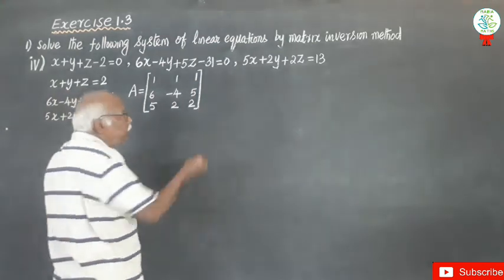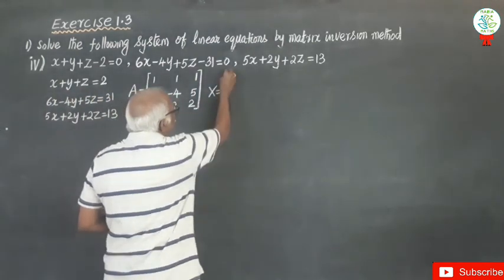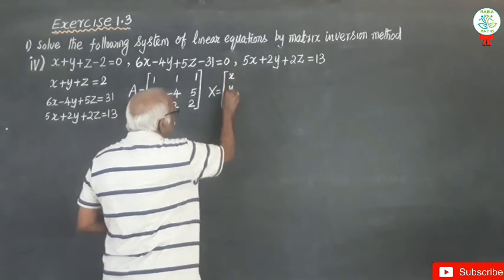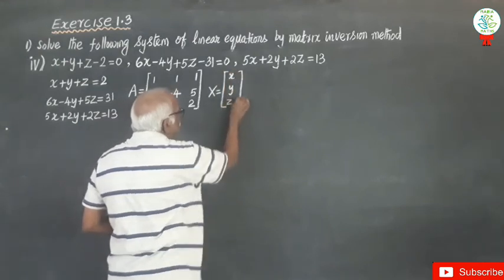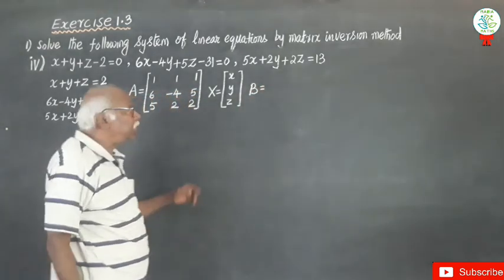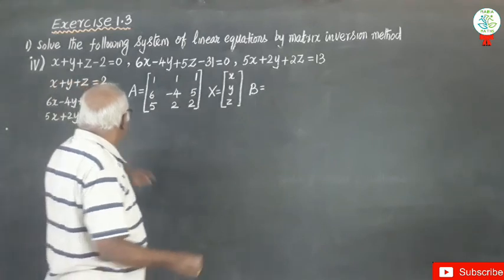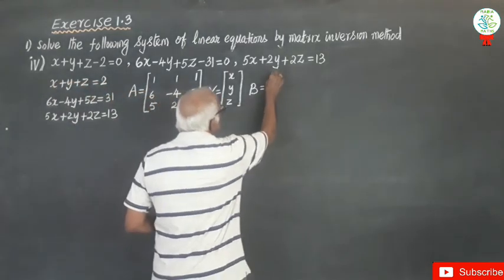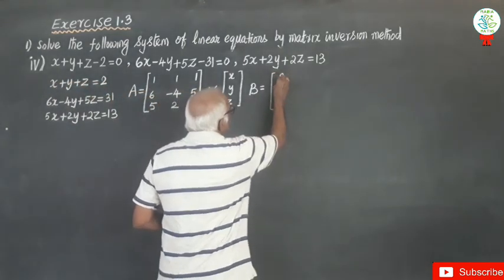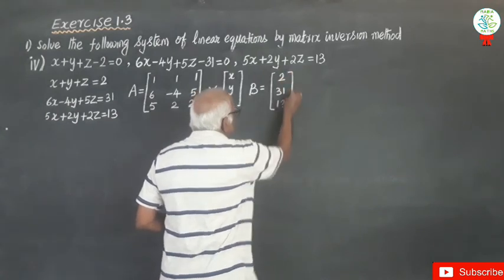Next is the variable matrix: capital X is equal to x, y, z. Then the constant matrix is 2, 31, 30.